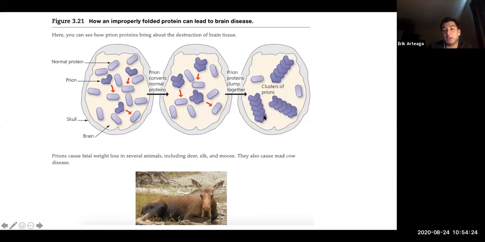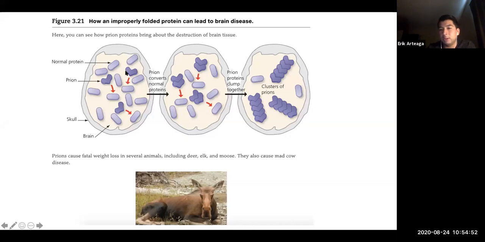Again, these prions will then form clusters in the brain or in the cell, and then you have the wasting disease that you see with mad cow. Okay, again, proteins improperly folded that will then convert normal proteins into other prions. Again, this causes spongiform brain disease. Okay, so you'll see pockets in the brain of these proteins.